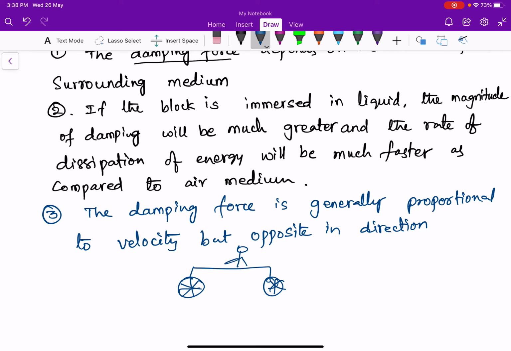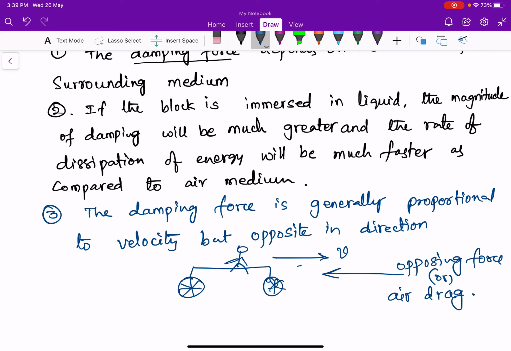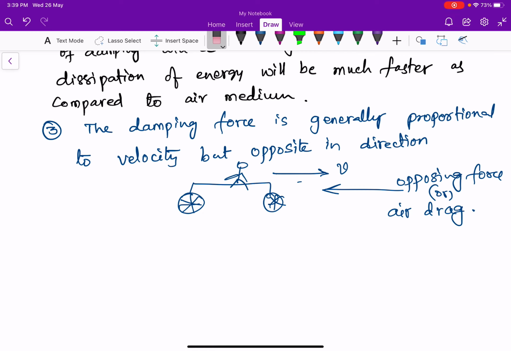When you go at some speed, the opposing force exerted by air, the air drag on us, will depend on velocity. If we go with more speed, the opposing force also will be more. So the damping force is generally proportional to velocity but opposite in direction. That is, the direction of air drag will be opposite to the motion of the object.